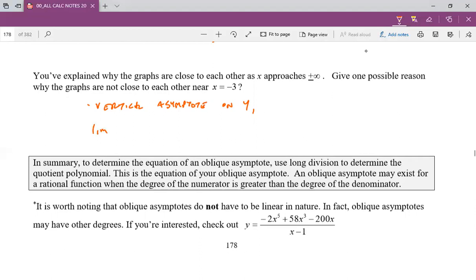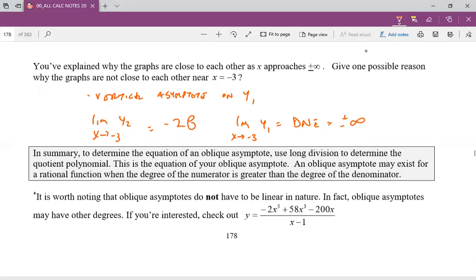The limit of y2 as x goes to negative 3 actually ends up being equal to negative 28, whereas the limit as x goes to negative 3 on y1 doesn't exist. It's plus or minus infinity, right?